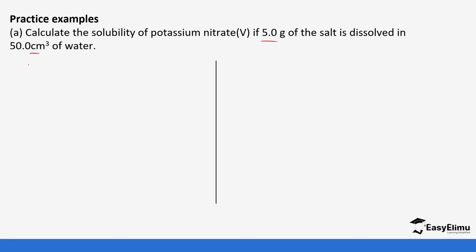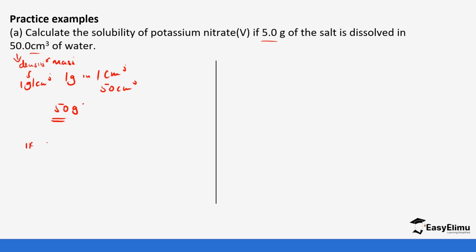So we have to convert this volume of water, centimeters cubed, into mass using density. And we know the density of water is 1 gram per centimeter cubed. So it is 1 gram in 1 centimeter cubed. So what about 50 centimeters cubed, which gives us 50 grams. So we'll be working with a mass of 50 grams.